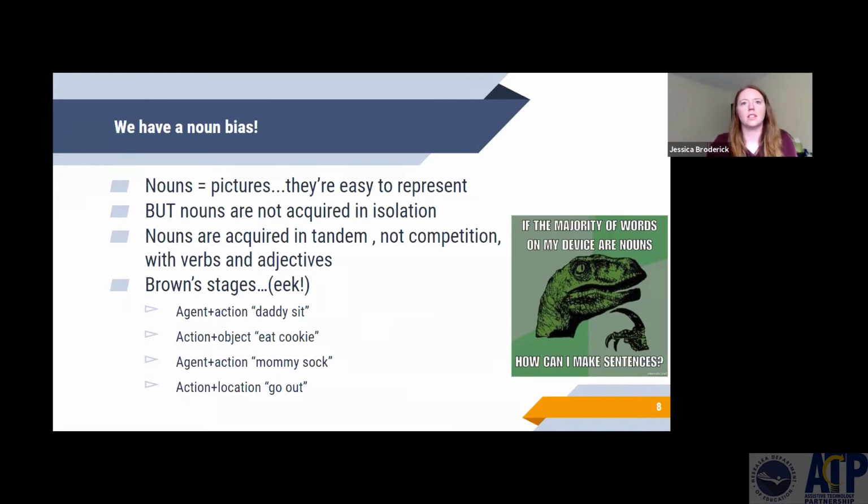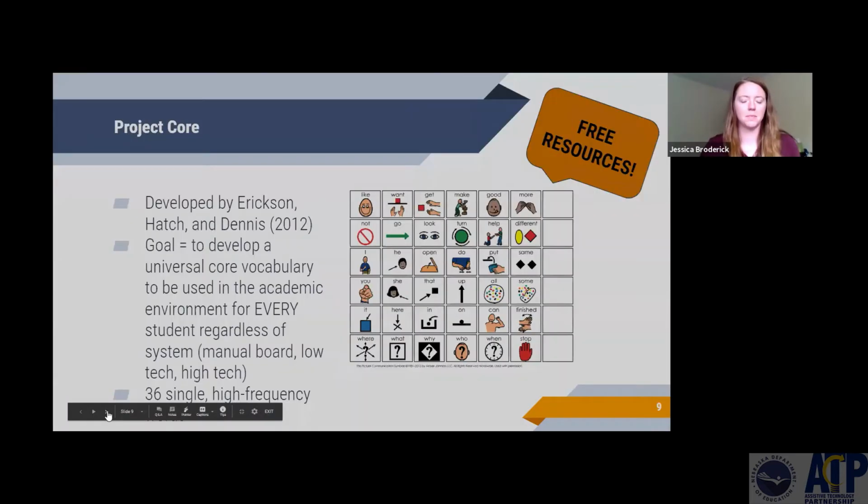And so I would challenge you to shift the way you're thinking about what we're including in AAC devices or systems or on low-tech communication boards or on any kind of alternative communication system, and include that core vocabulary and give kids access to all of those early words and concepts.